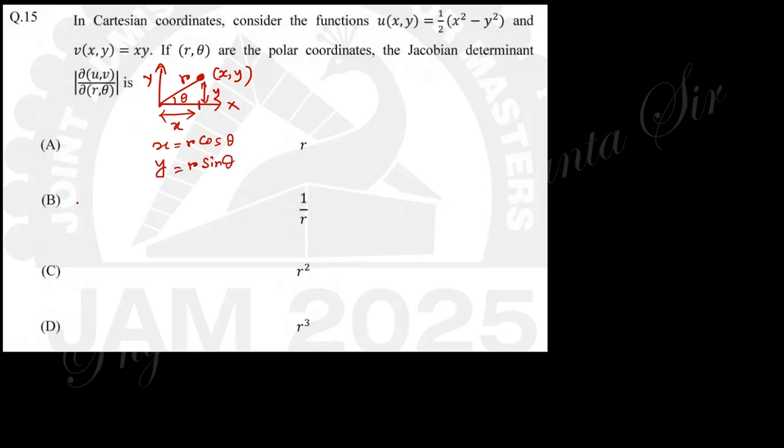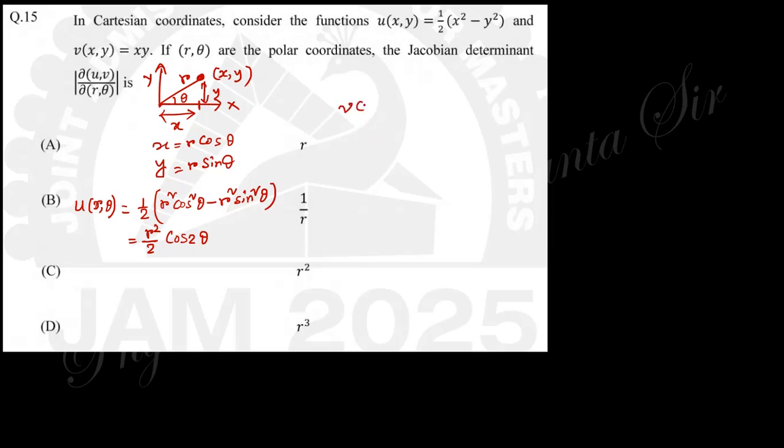So x is nothing but r cos theta, and y is nothing but r sin theta. Now the function u(x,y) converted into r theta is half (x square minus y square), that is r square cos square theta minus r square sin square theta. So this gives you r square by 2 (cos square theta minus sin square theta) equal to cos 2 theta.